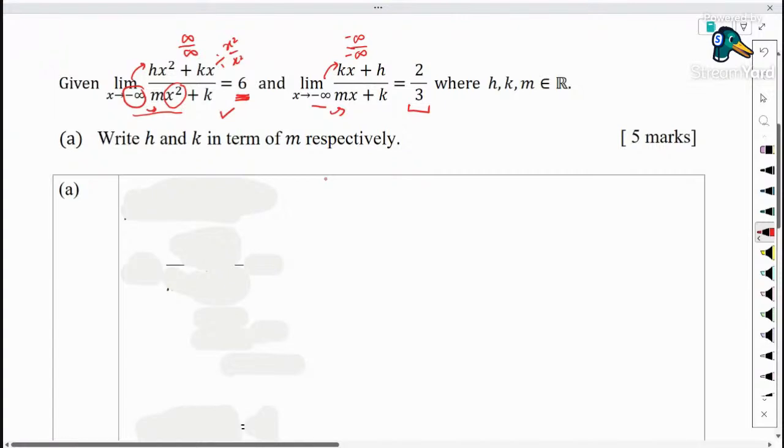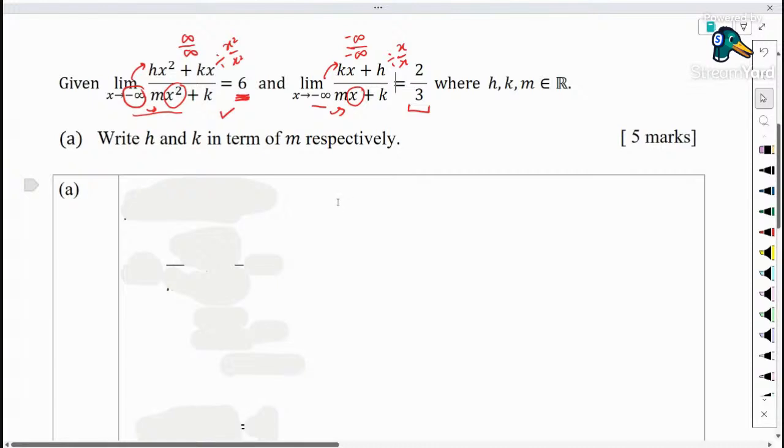So once again, this case can be reduced to avoid the indeterminate situation. The strategy is to divide by the highest power of the denominator, which is the x term here, so we divide x top and bottom. From there, maybe we can make some adjustments to get our solution for A, where we write h and k in terms of m respectively.